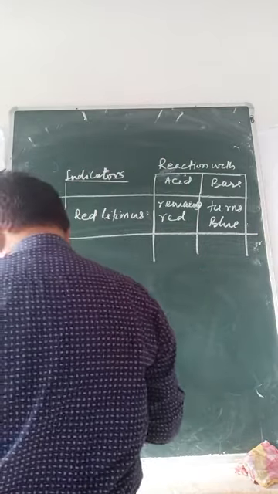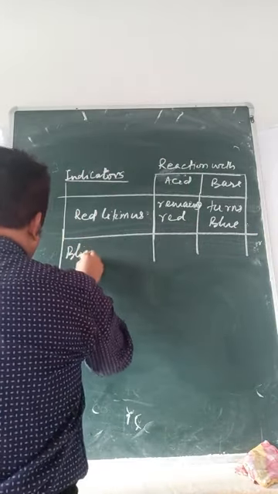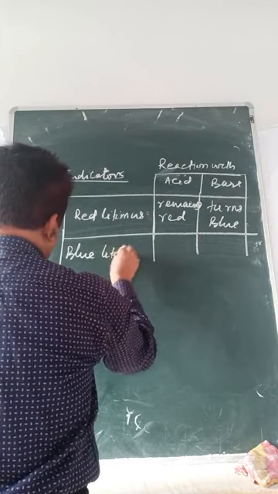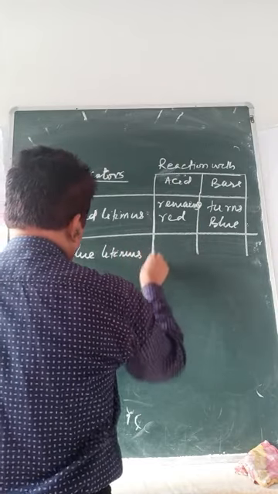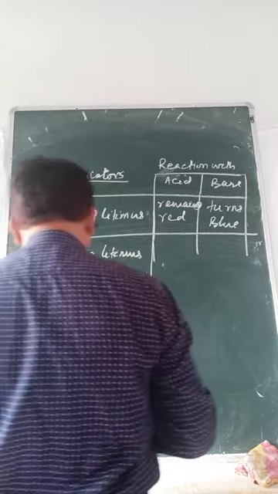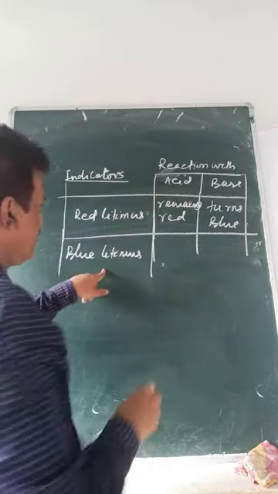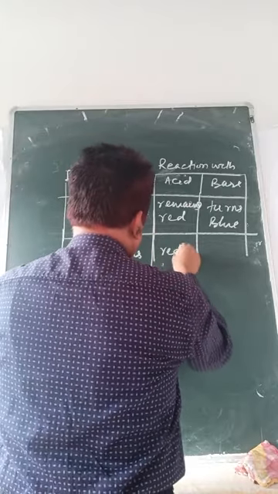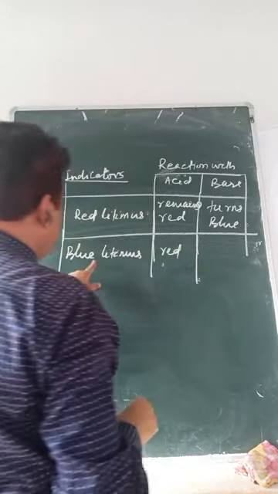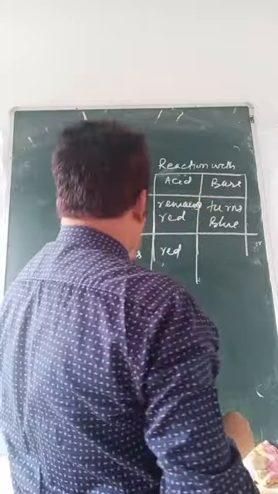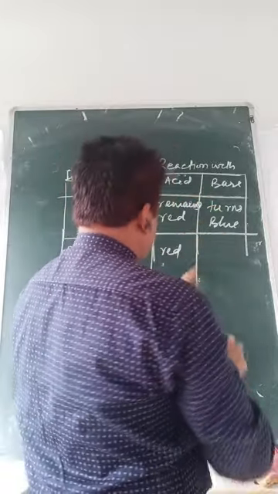Similarly, if you get blue litmus, with acid will give you red now. Blue litmus because base changes to blue, so blue will remain as blue.